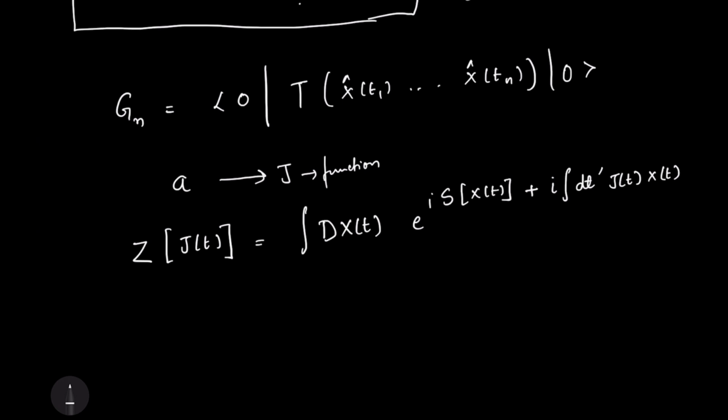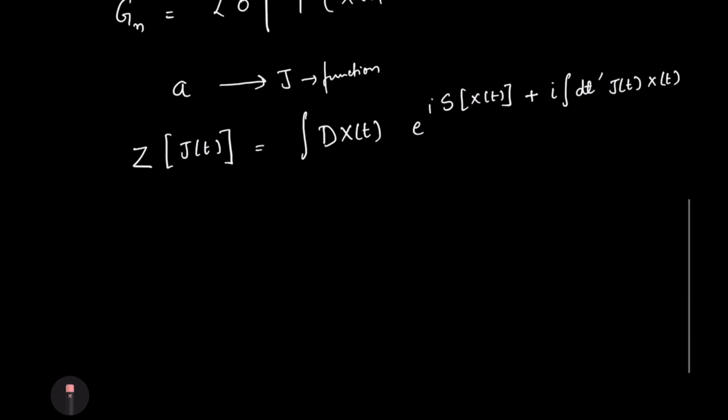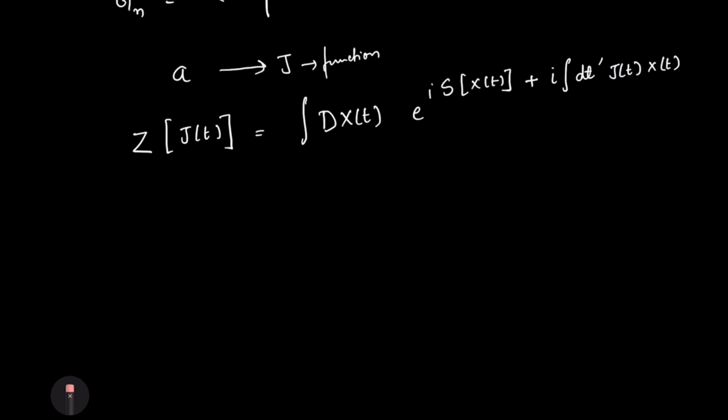This is something like e raised to i x a that we have seen earlier. So this will be the generating functional. And the range is minus infinity to plus infinity with boundary value 0.